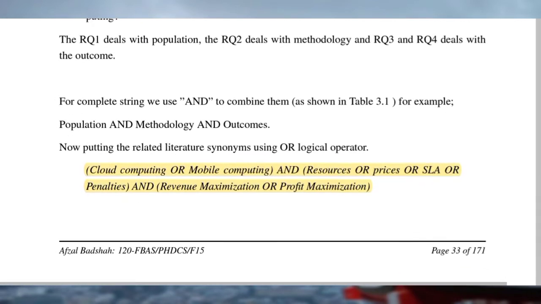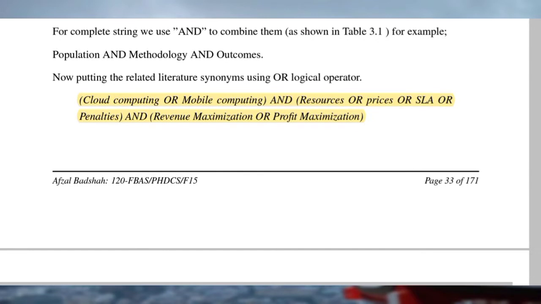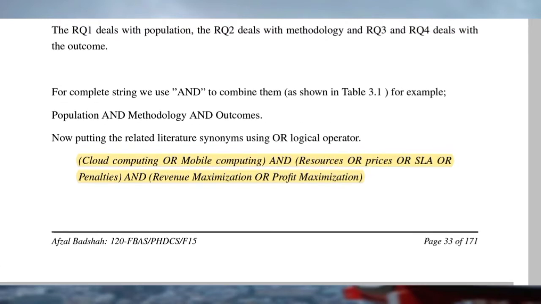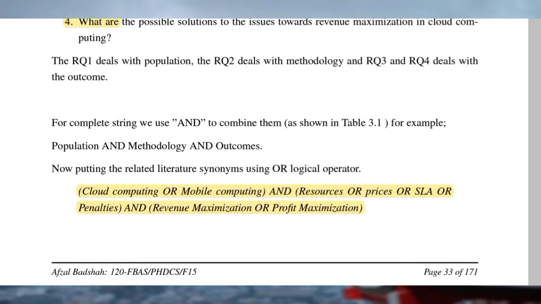So what is the importance of this search string? If you simply write any string, for example, cloud provider revenue maximization in cloud computing, then this will give millions of results, and in these millions of results you will not be able to trace any good paper.